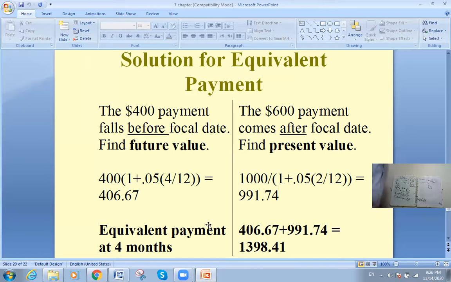It is $1,000 US dollars, but wait. This amount is due 6 months from now.